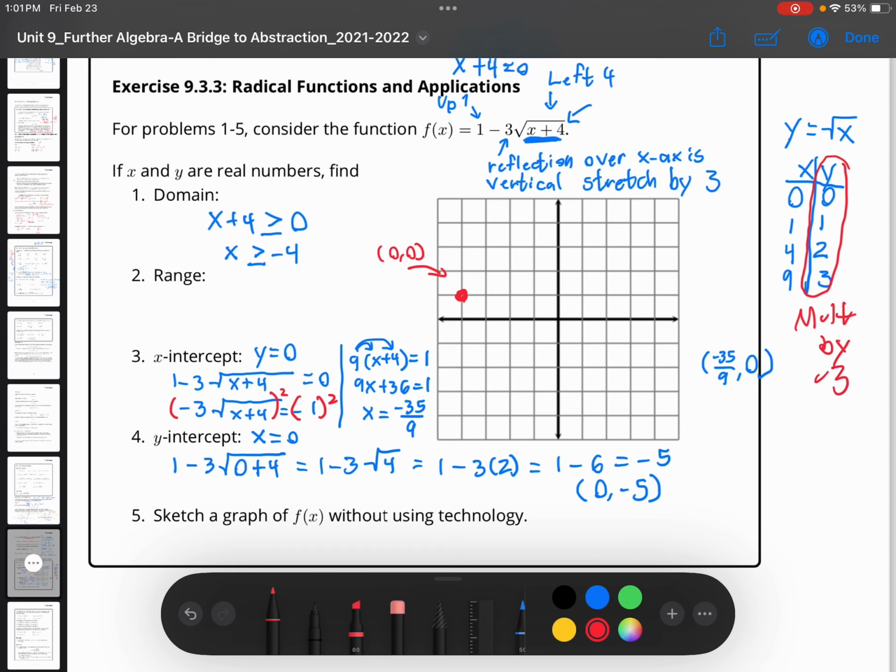All right, so if you multiply the y by -3, all you have to do is multiply only the y values by -3. So this point right here that I'm about to write, let's see, (1, -3).